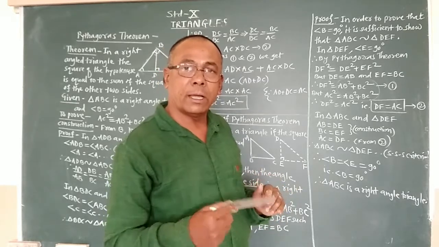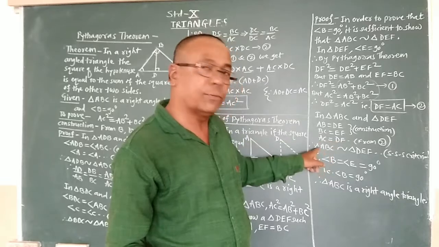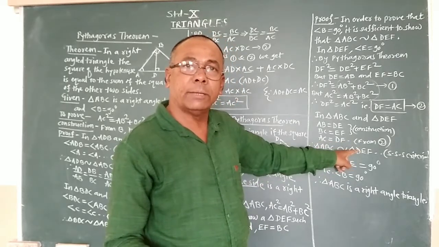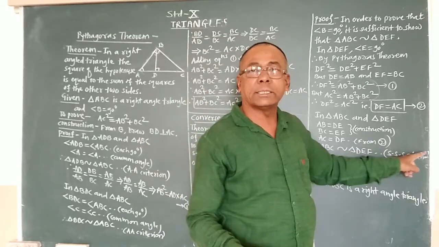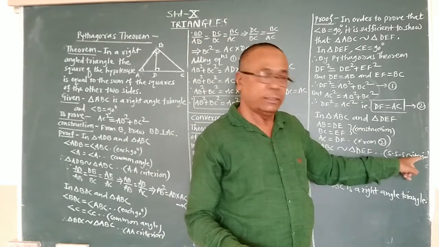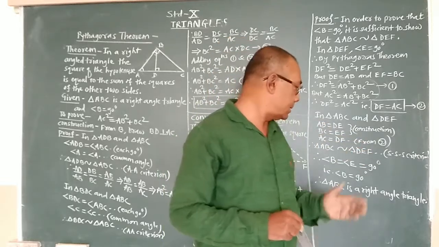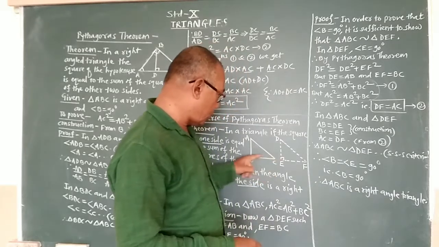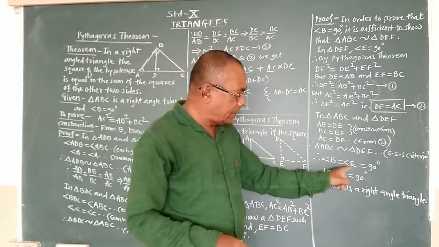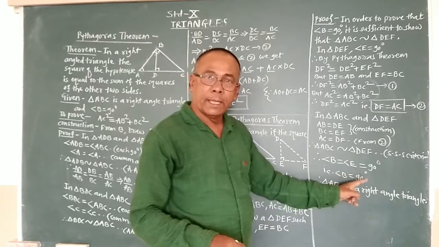of one triangle are equal to the corresponding three sides of the other triangle, and therefore both the triangles are congruent to each other. And by the SSS criteria, if both the triangles are congruent, then corresponding angles must be equal. Means angle E equals angle B, but angle E is given 90 degrees, and therefore angle B is also 90 degrees.